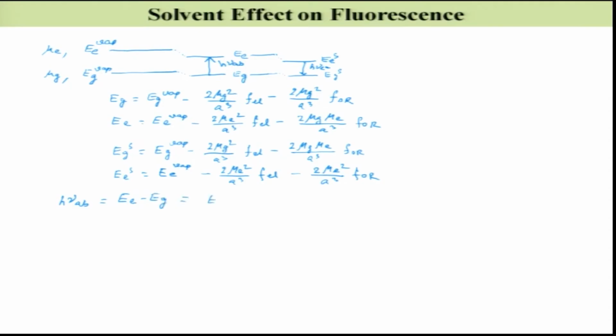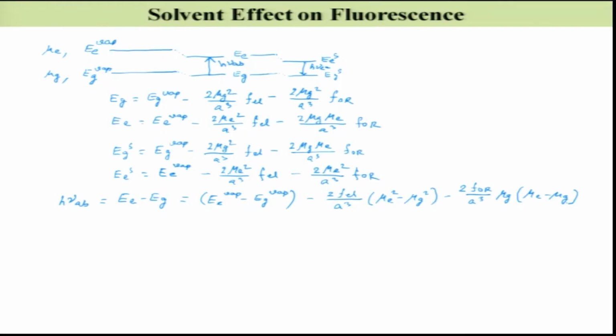So this is E E vapor minus E G vapor minus twice f E L divided by a cube times mu e square minus mu g square, minus twice f O R by a cube times mu g into mu e minus mu g.